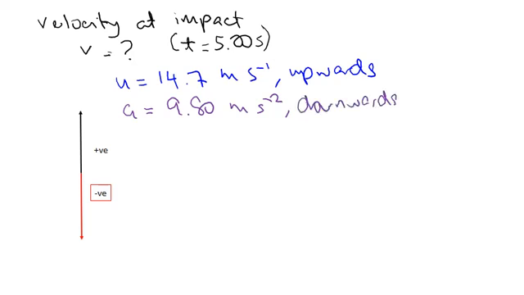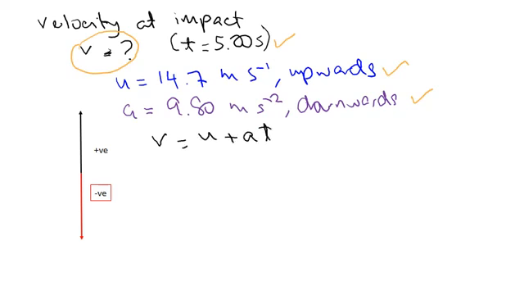Recall that anything that falls towards the Earth is undergoing free fall, and free fall acceleration is 9.8 meters per second squared, which is the Earth's gravitational acceleration. So we have t, we have u, we have a, and we need to find v. Can you figure out which equation you must use? The only equation that will give us anything is this one.